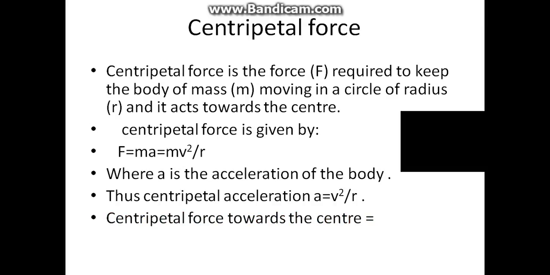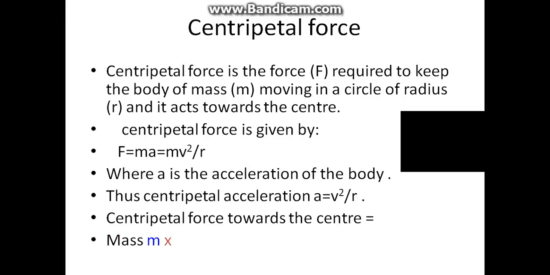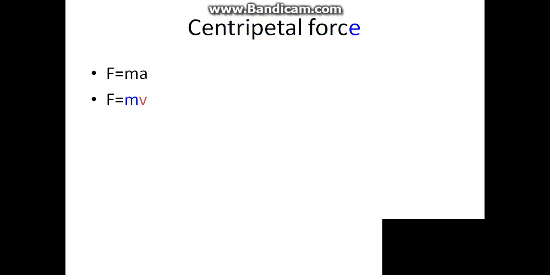Centripetal force towards the center is equal to mass m times radius r times omega squared, giving m r omega squared. So centripetal force F is equal to ma, F equals mv squared over r, or F equals mass times radius times omega squared.